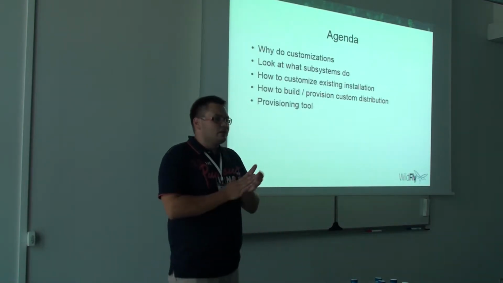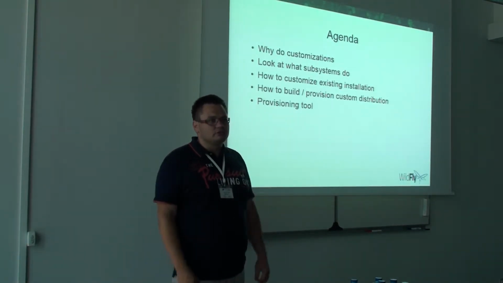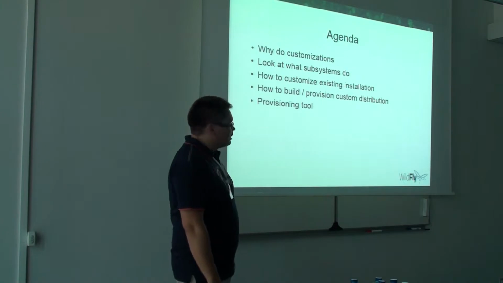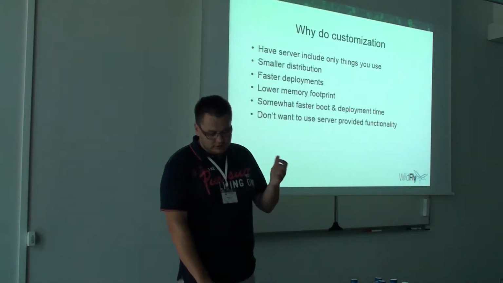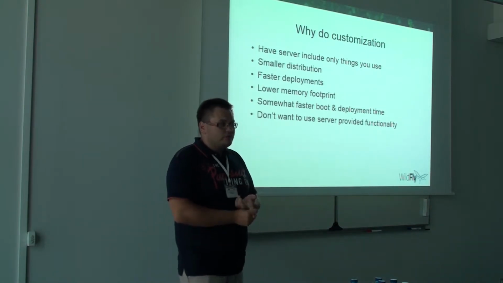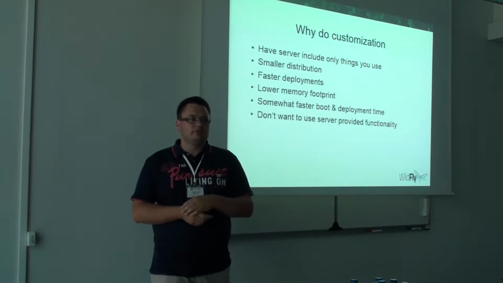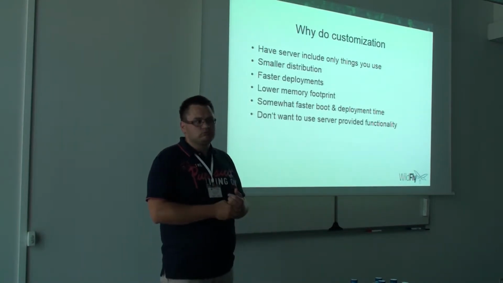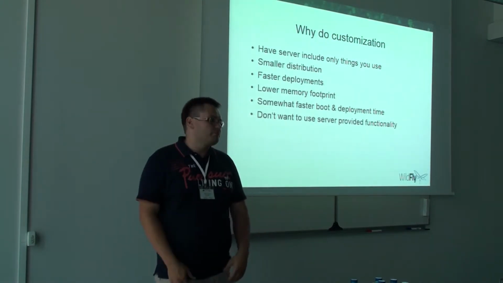Why would you even want to customize the server, which is already quite small, well optimized, and runs quite fast? Well, you can remove the stuff you don't need. You have a deployment that only uses, let's say, servlets, web, and some JPA. Why would you run and include web services, so JAX-RS or some batch support?